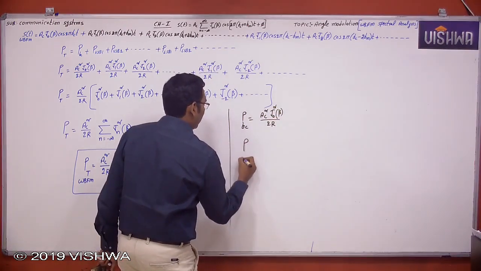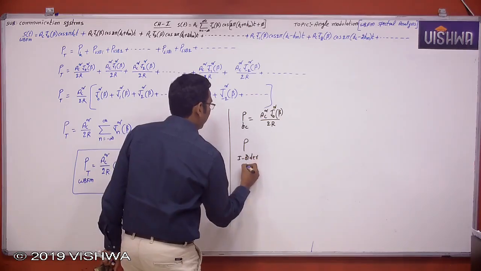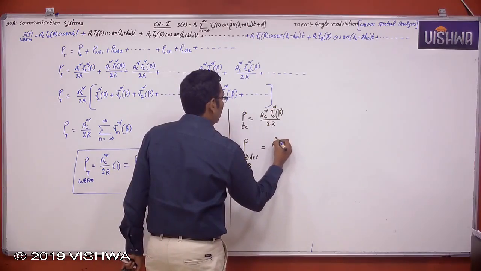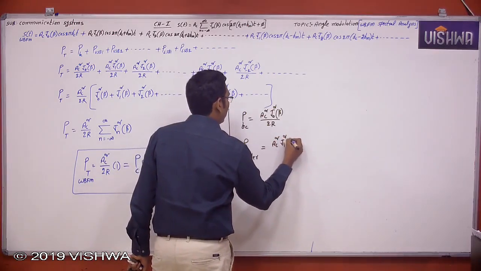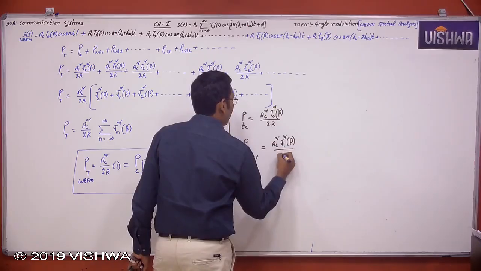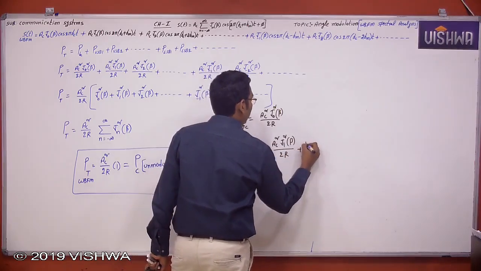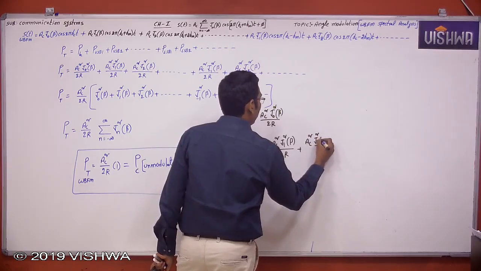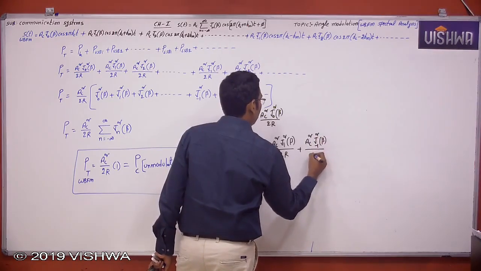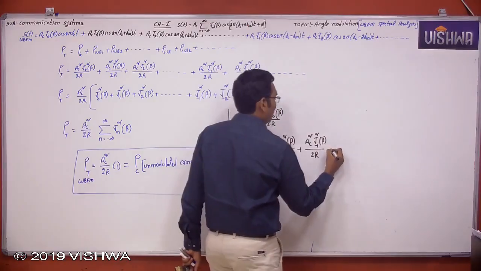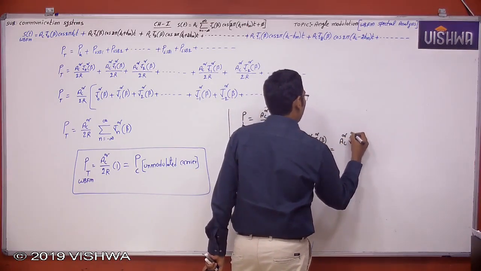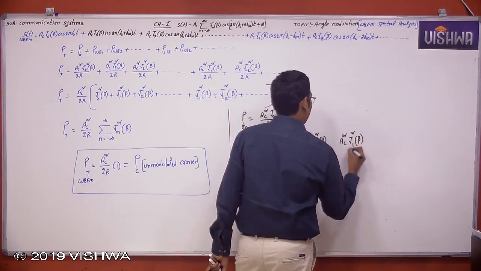What is the power taken by the first order sideband? The first order sideband power is Ac squared J1 squared of beta by 2R plus Ac squared J minus 1 squared of beta by 2R. This is the power taken by the first order, which is nothing but Ac squared J1 squared of beta by R.